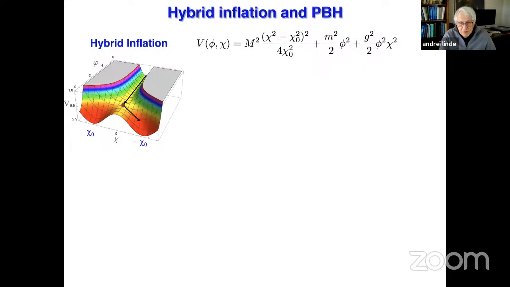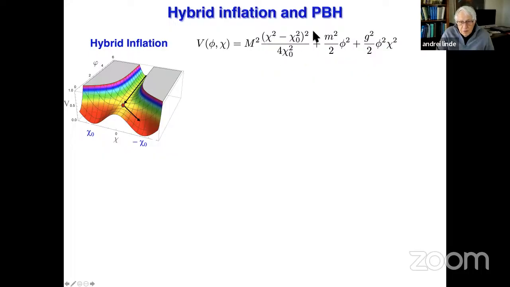So basically, what we have in the beginning is a model of hybrid inflation, which I'm reminding you now. This model has a very simple potential of two fields. One direction, one field is phi, and you may take in the beginning just a simple quadratic potential.